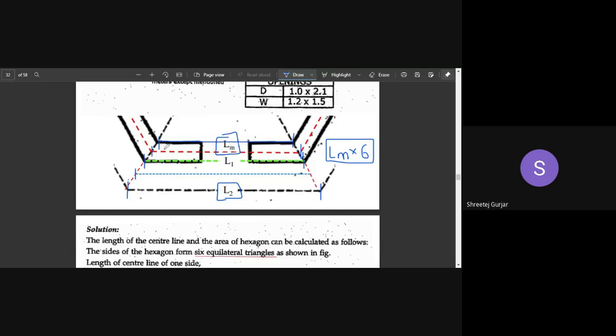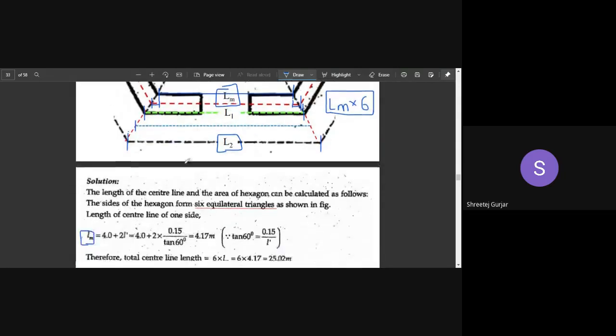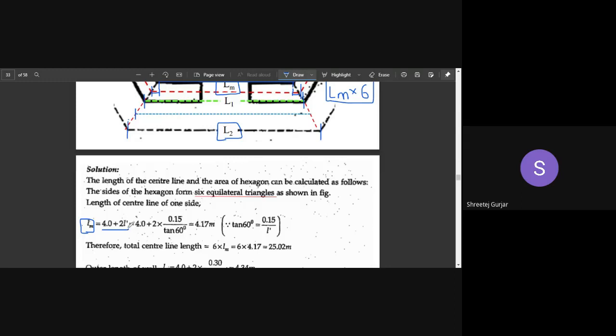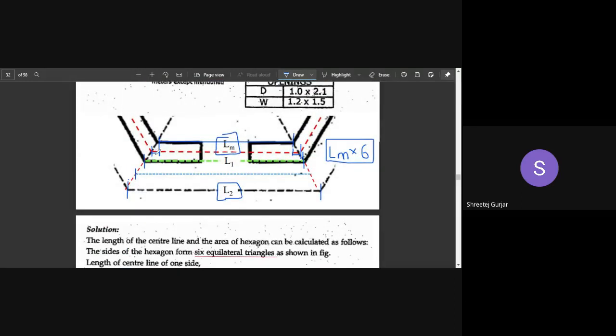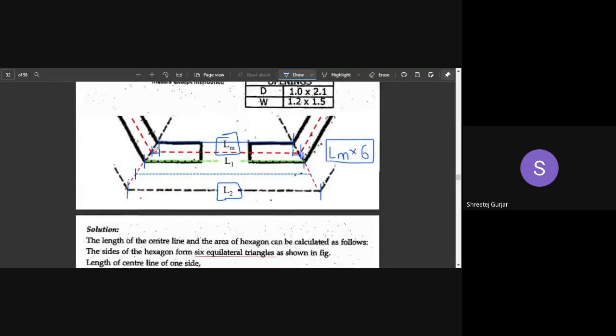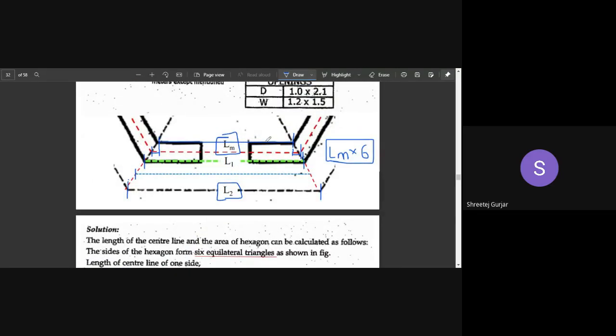We need to add this part on both sides, so it is 4 meters plus 2 L dash, 2 into L dash. L dash is this part. How do we calculate L dash? This is the formula we use: in-to-in distance plus 2 into 0.15, since from here we are moving till here.